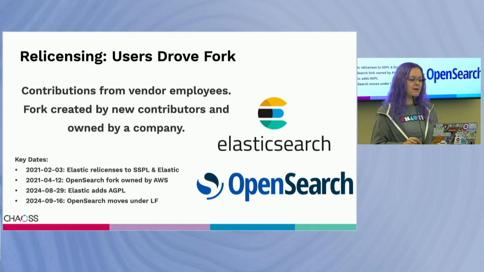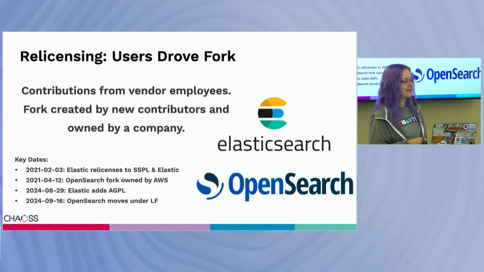But there was a pretty big impact on some users of Elasticsearch who had to decide whether they could use it under one of these new proprietary licenses. And this resulted in a decision at Amazon AWS to fork Elasticsearch into a new project called OpenSearch so that they could give their customers an alternative to Elasticsearch.